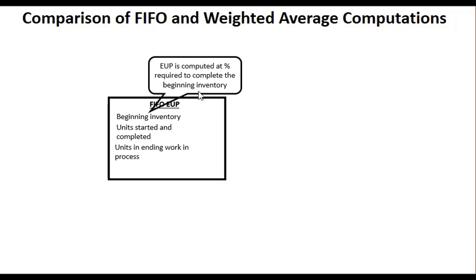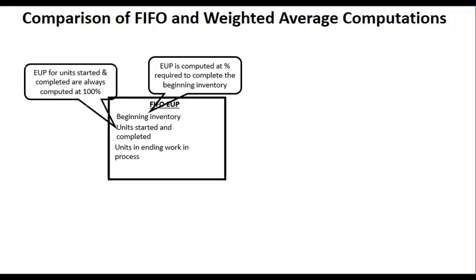Now what we want to remember is that EUP is computed at the percentage required to complete the beginning inventory. Important. In the units started and completed, EUP for units started and completed are always computed at 100%.